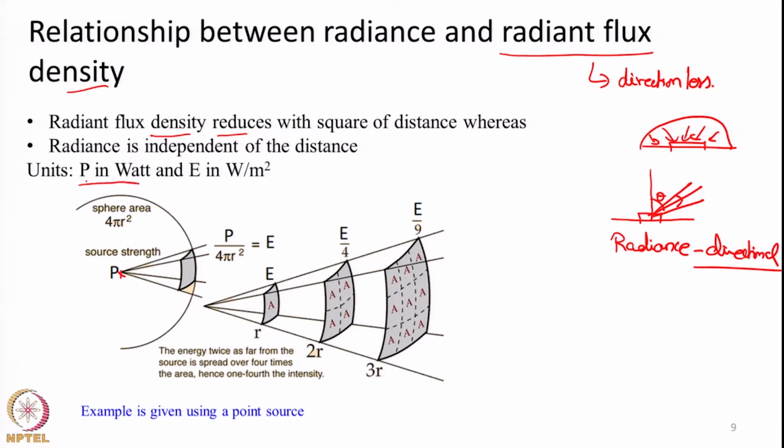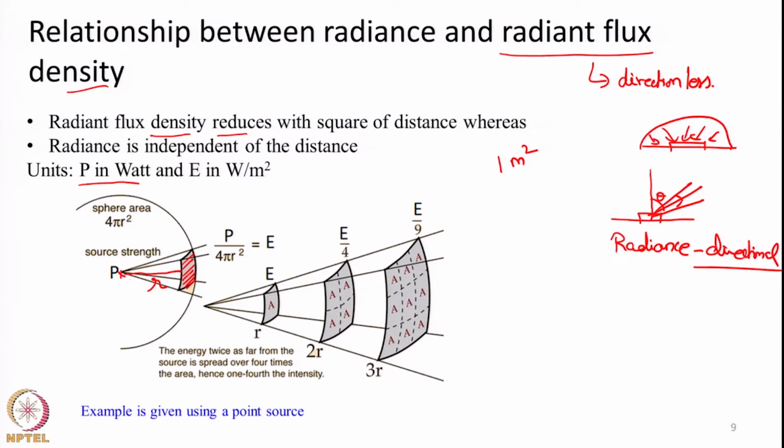Let us imagine I have placed a square of 1 meter square area, unit area, at a distance of r from this point source. I am going to calculate how much of the power from this source is going to fall on this surface area.